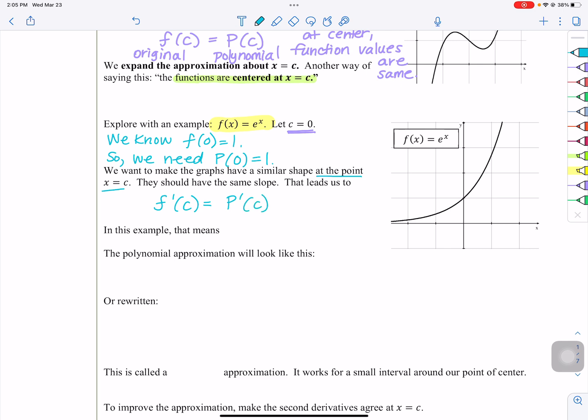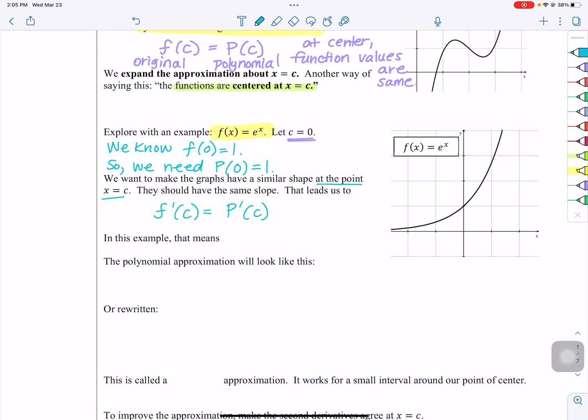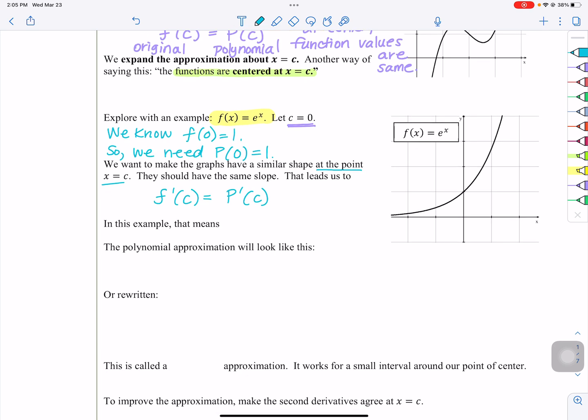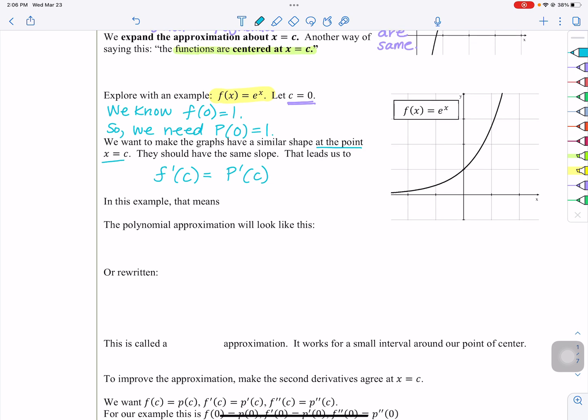Again, this is the derivative of our original function, and p prime of c is the derivative of our polynomial function we will be using to approximate. So what does this mean? That means that f prime of 0 is equal to p prime of 0.